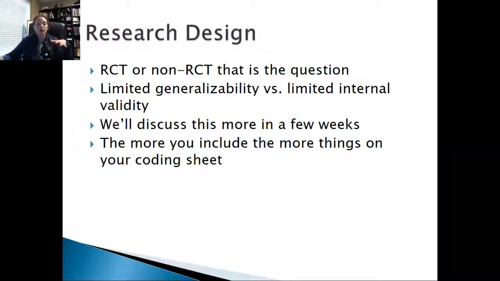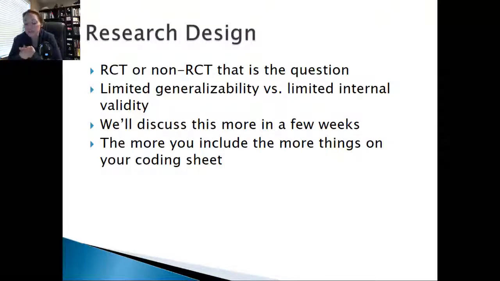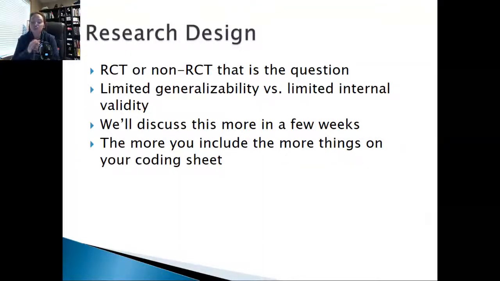So they are fabulous for controlling those threats to internal validity like history and maturation. But they don't necessarily generalize well because they are so rigid and controlled in how they're set up. So they don't necessarily generalize to Sally, the client who walks into a private practice to receive therapy. It doesn't necessarily translate to that.